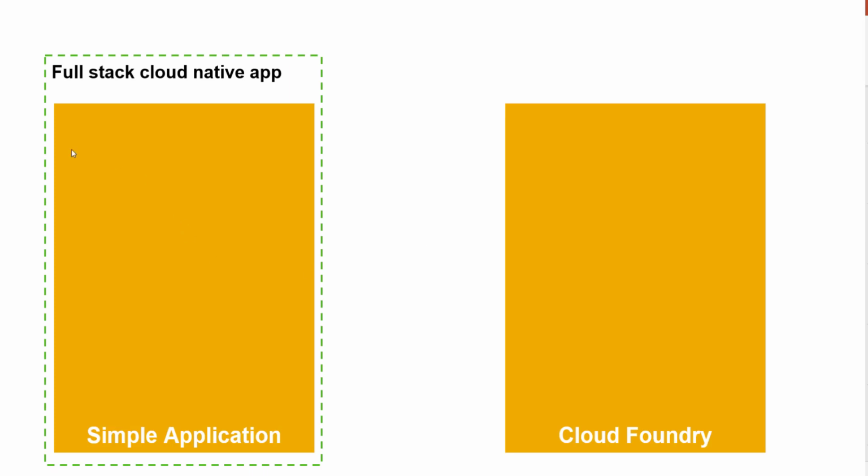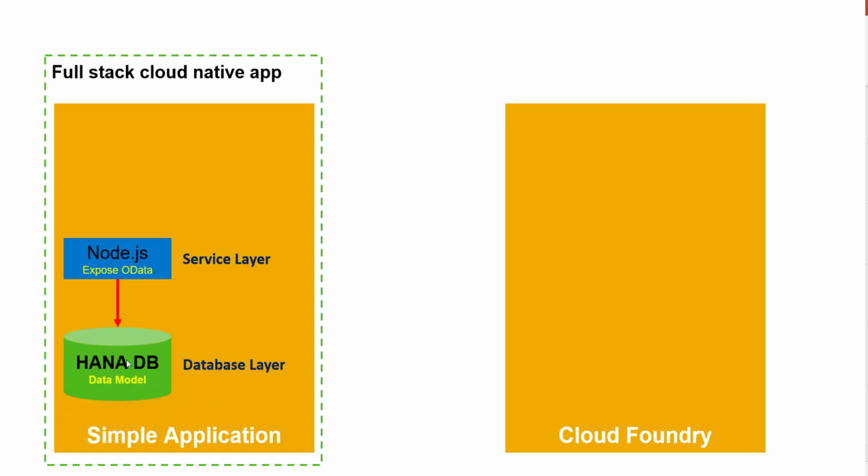On the left-hand side, I have the SAP Business Application Studio, where I'm going to develop my full stack application. I want to put all my artifacts into a HANA database, and I want to build my service layer using the Node.js layer. The Cloud Application Programming Model also supports the Java layer, but we'll be looking at the Node.js layer here.